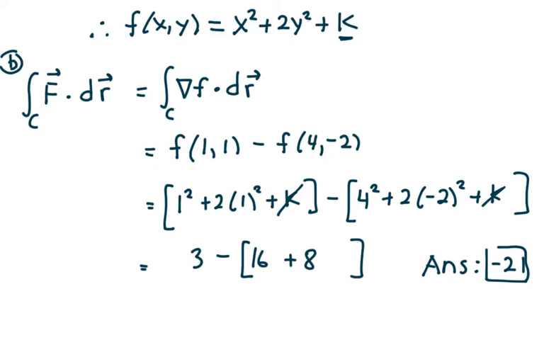Here x is 1, y is 1, so I replace x with 1 and y with 1 in the function f. I do the same thing for f of (4, -2), replacing x with 4 and y with -2. I did my calculation and got -21.